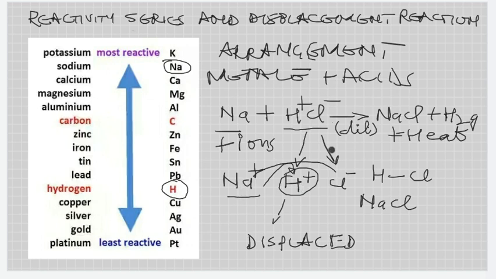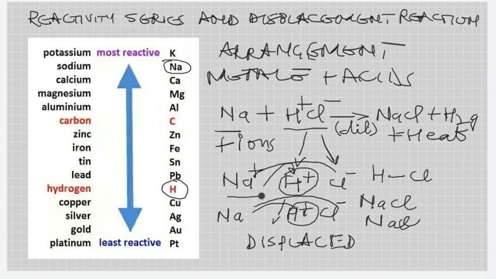So what is happening in this entire reaction? There are millions and quintillions of sodium metal atoms, and millions and quintillions of these hydrochloric acid molecules. Somewhere in the solution, another such reaction is taking place where another sodium is reacting with another molecule of hydrochloric acid, and that sodium also displaces or kicks out the hydrogen and combines with the chlorine and forms one more sodium chloride molecule, right?